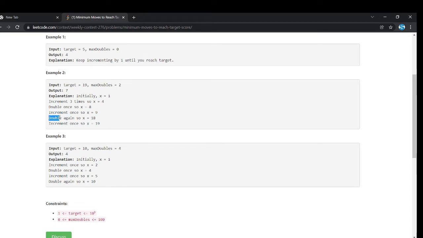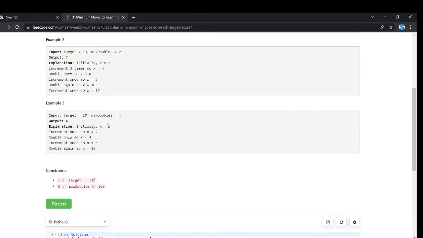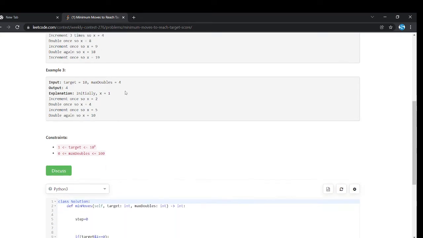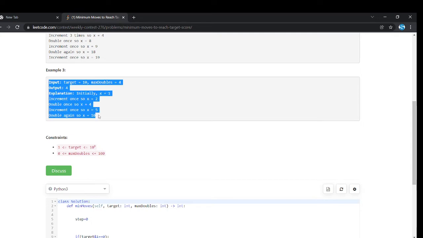Then we have done the double operation, that means doubling the value 9 so that we can reach 18. So this is the sixth step, and the seventh step would be incrementing the value 18 by 1, that will be step 7. So for this scenario, the minimum number of steps required to reach target 19 from 1 will be 7. Similarly, the third example has been given.